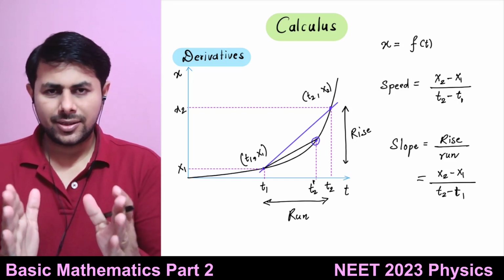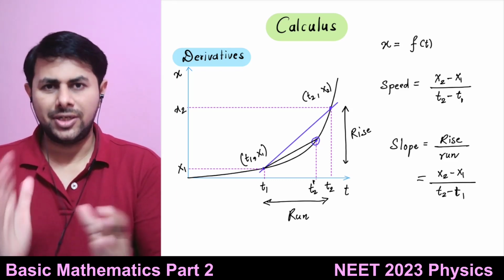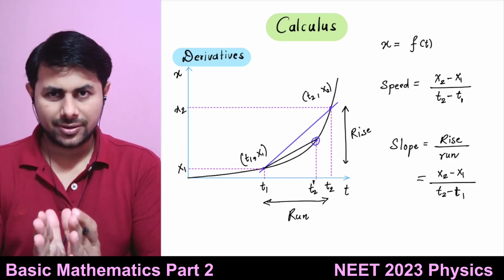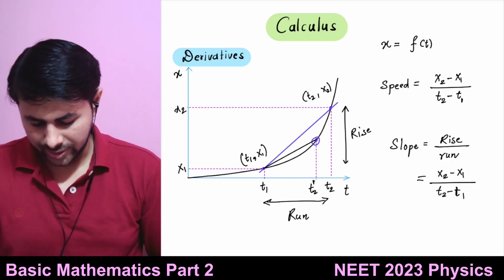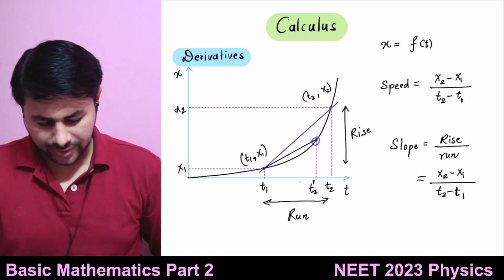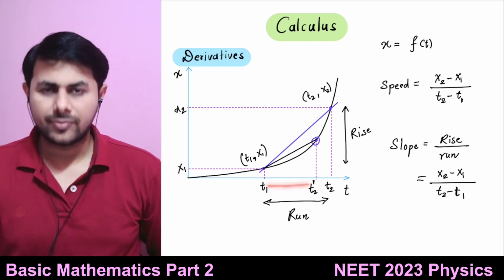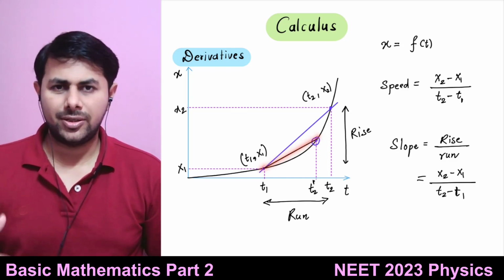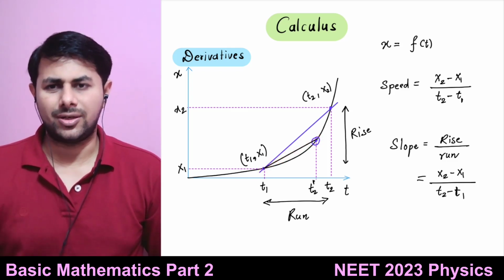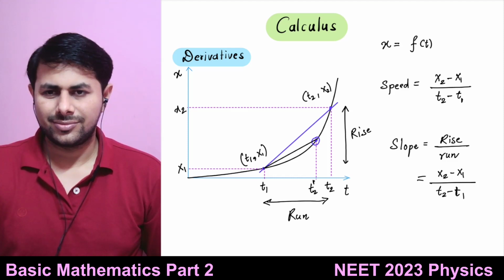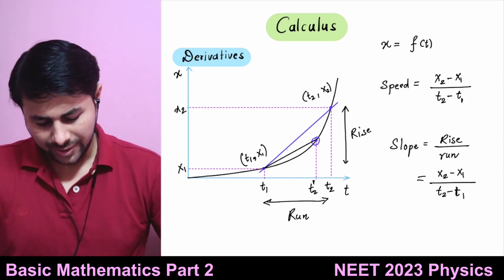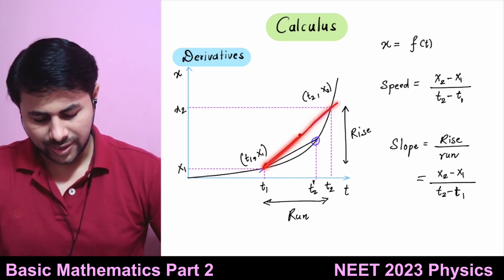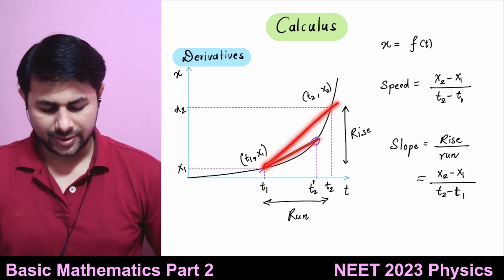As the difference between the initial and final time becomes lesser, the difference on this horizontal axis becomes lesser. What happens? This line whose slope gives you the speed approaches closer to the curve, right? Earlier this was the line, now this is the line.